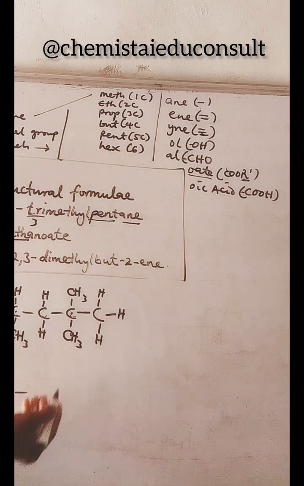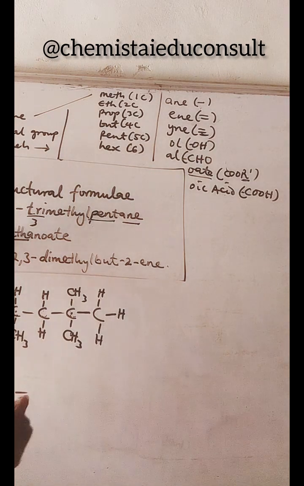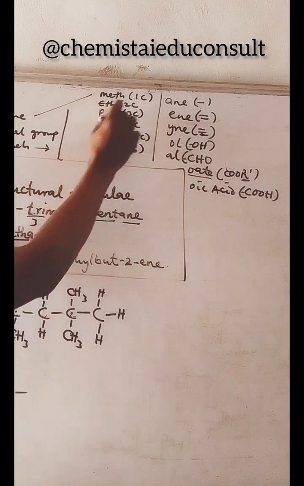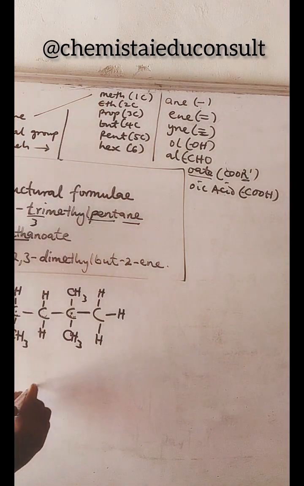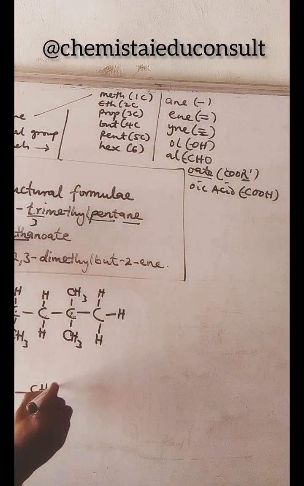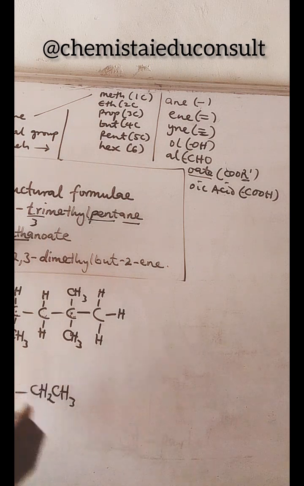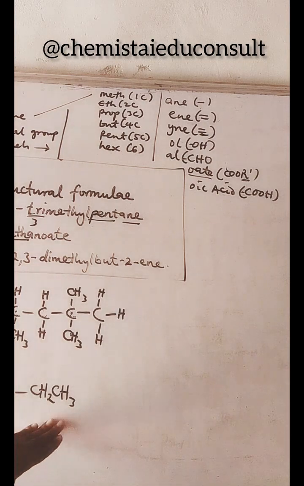The R prime means that branch now, ethyl. Ethyl contains 2 carbon atoms. You write CH2, CH3. This is ethyl, and this is methanoate. Now check this carbon. It has 4 bonds. You put 1 extra and put hydrogen there. So this is ethylmethanoate, the structural formula.